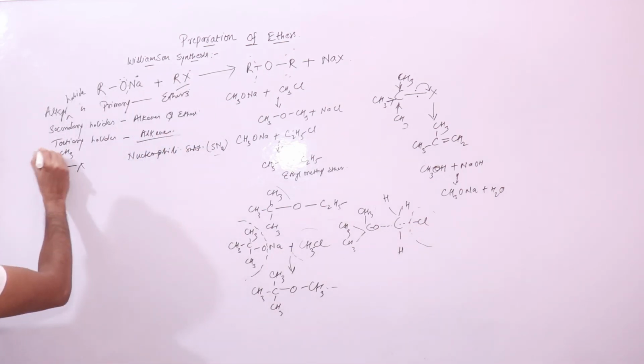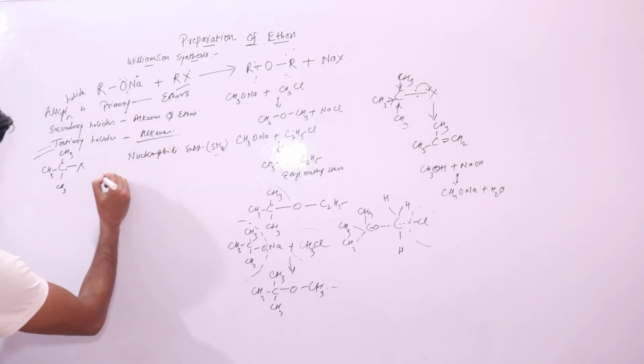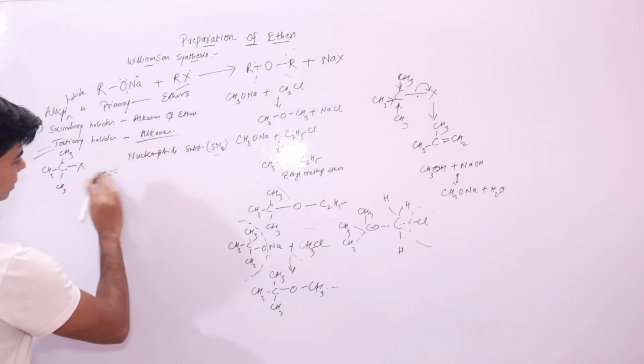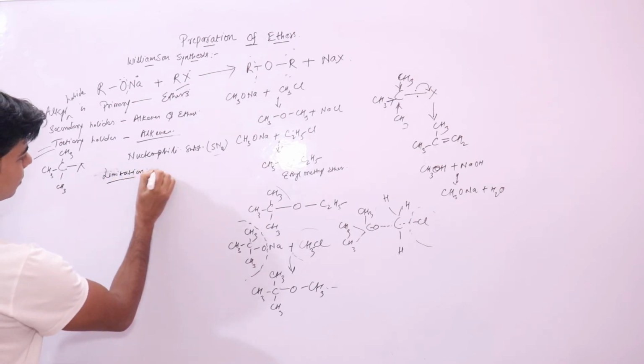Now what we said, that tertiary halides, if used, will give you alkenes. This is one of the major limitations of this reaction, right?